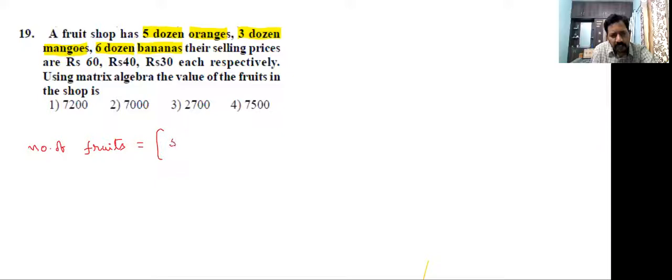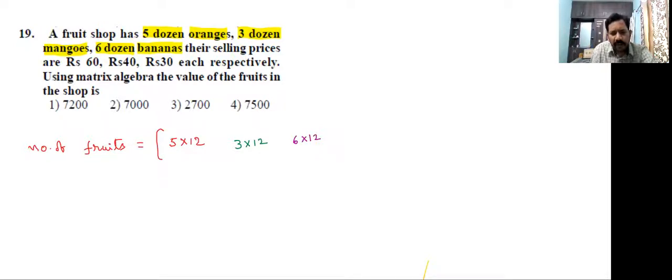Dozen means what? 1 dozen is equal to 12, yes or no? So 5 into 12. 3 dozen mangoes, 3 into 12. Next, 6 dozen bananas, 6 into 12.